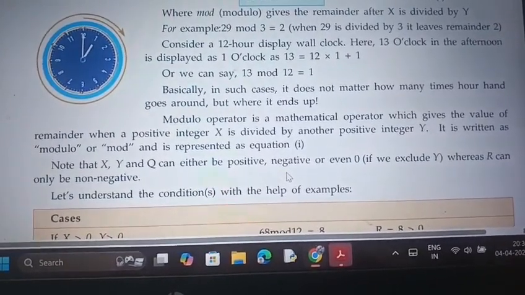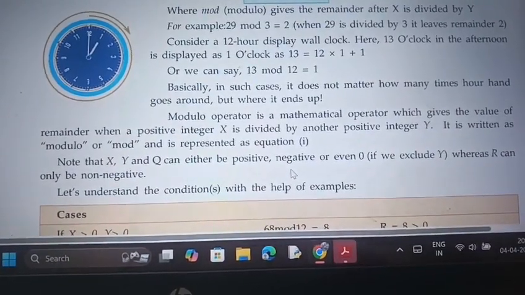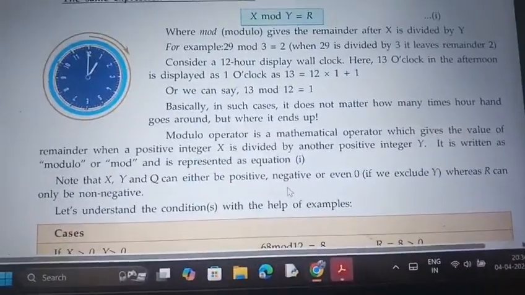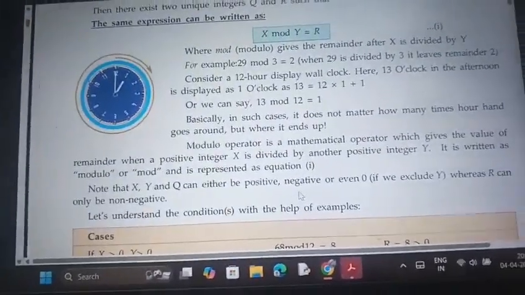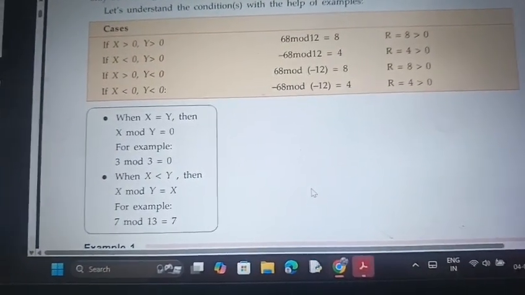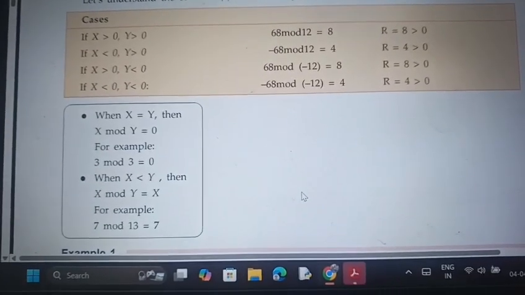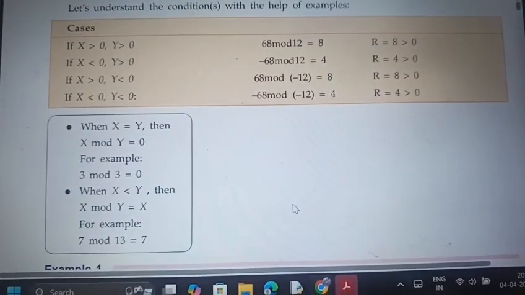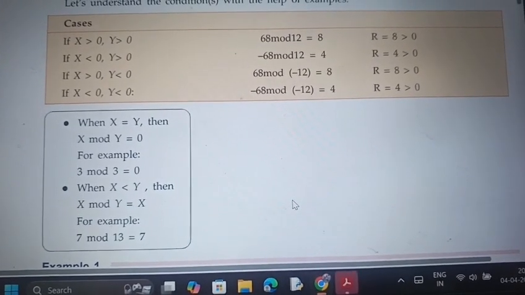Note that x, y, and q can either be positive, negative, or even 0 if we exclude y, whereas r can only be non-negative. Let us understand the conditions with the help of examples. Cases: if x is greater than 0 and y is greater than 0, 68 mod 12 is equal to 8, where r is equal to 8, greater than 0.